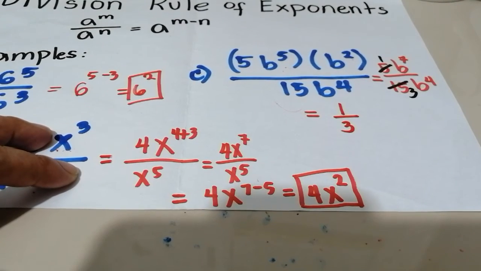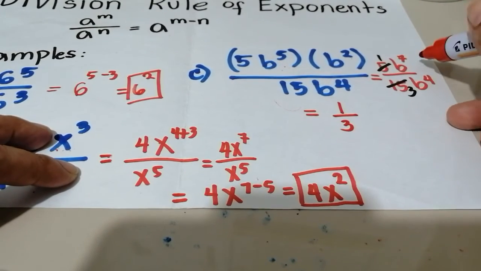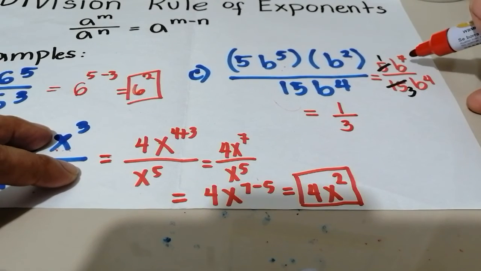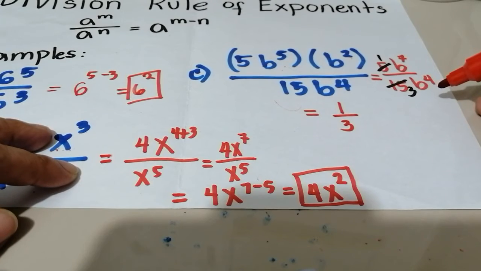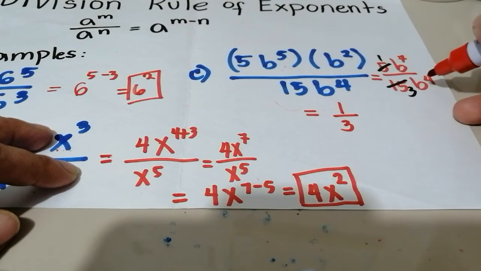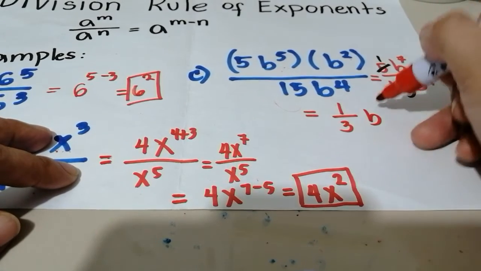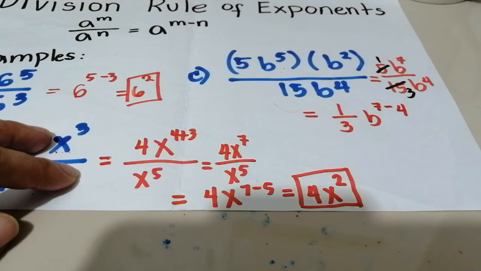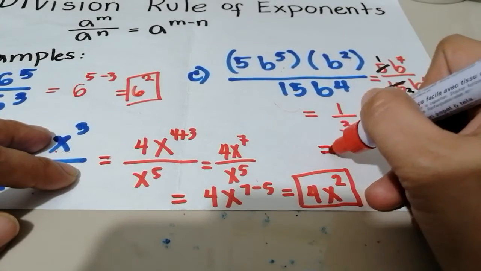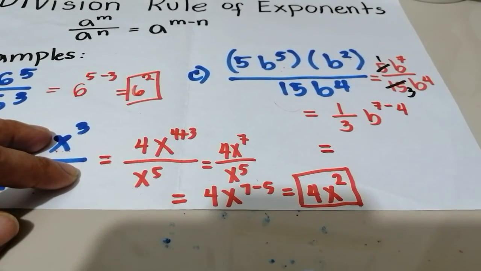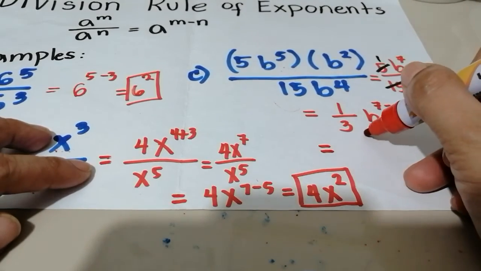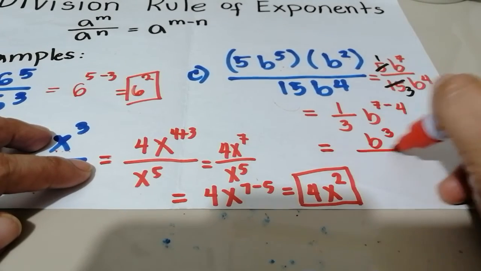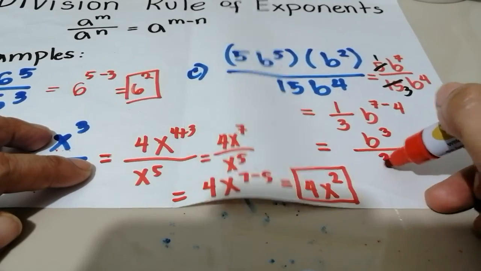And then, the next is, what are we going to do with the exponential expressions here? Dahil division nga, ang gagawin natin, we are going to subtract the exponent. So, we copy b here, and then 7 minus 4. Okay, so simplifying it further, the answer will be what? b, 7 minus 4 is 3, over 3.